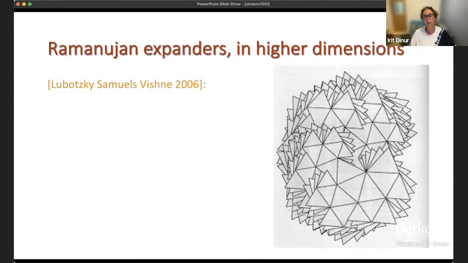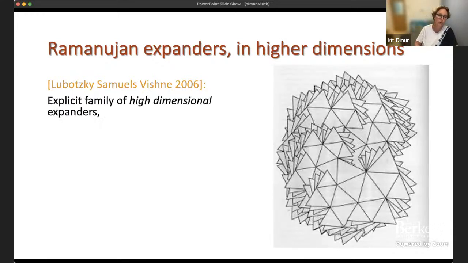In this picture, we also have triangles, which are like two-dimensional faces because each is like a little plane. What LSV did is take this building, and the way we should think of this is that you have a triangle. On every edge of the triangle, you glue more and more triangles, and then on each of the three edges of each triangle, you glue even more triangles, and so on. So it's like an infinite tree, but a tree of triangles.